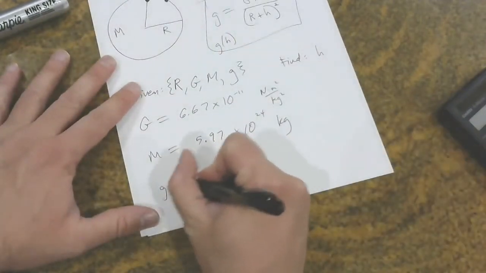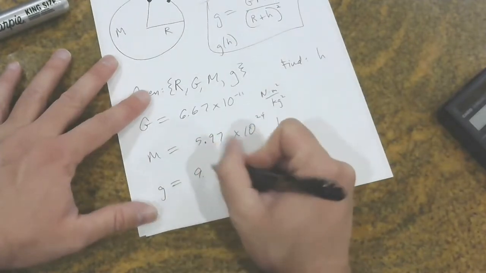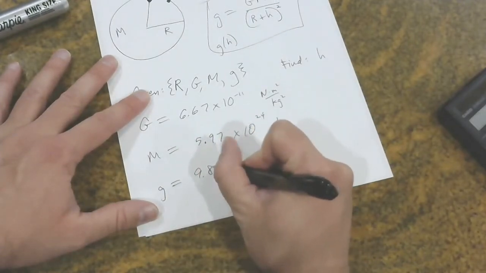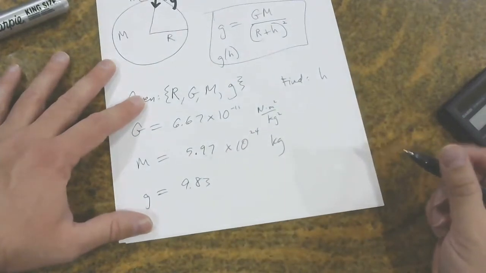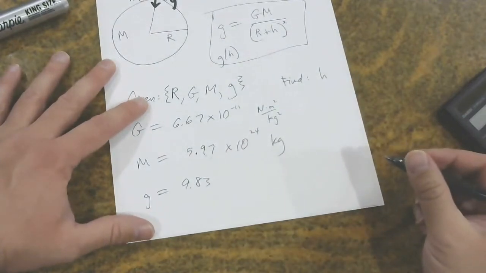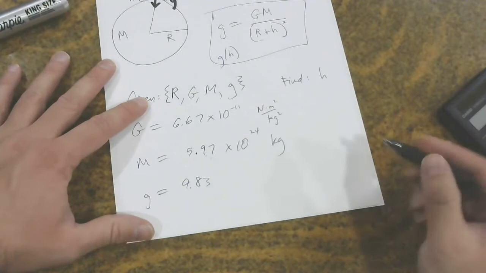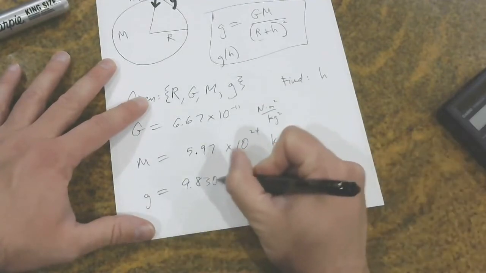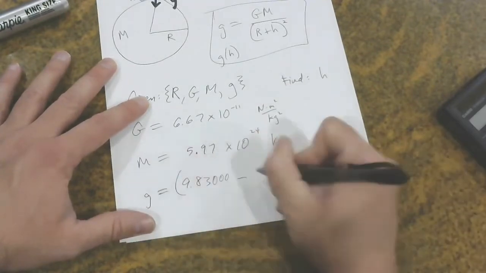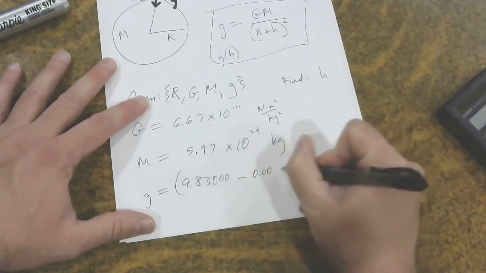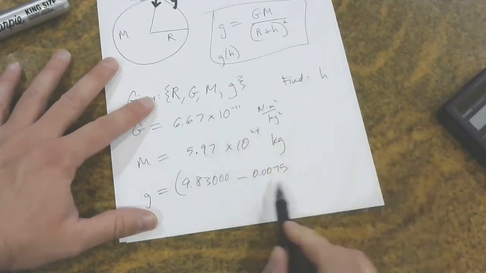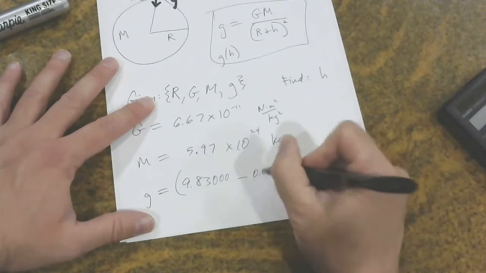In any case, we're told that the strength of the g field is 0.0075 meters per second squared less than it is at the surface. So let me add a couple zeros there. So minus 0.0075. I got 4 decimal places there.